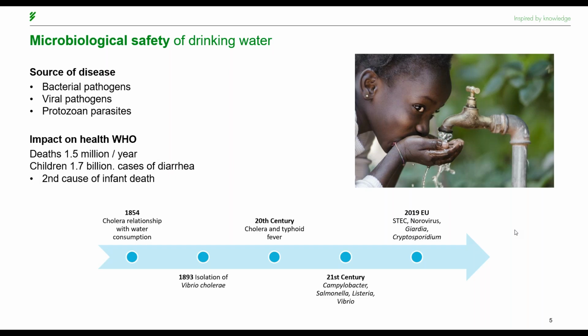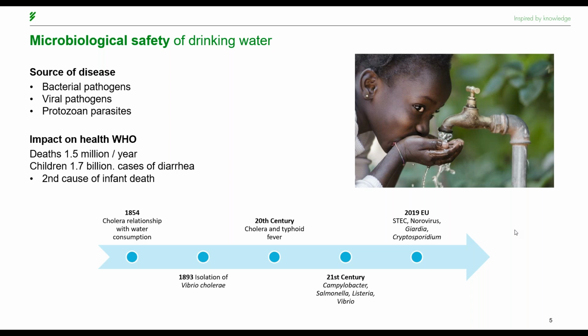This definition is one where water is available when required, that is, of course, at home, and is free from contamination. However, this means that almost a third of the world's population does not have safe access to drinking water.